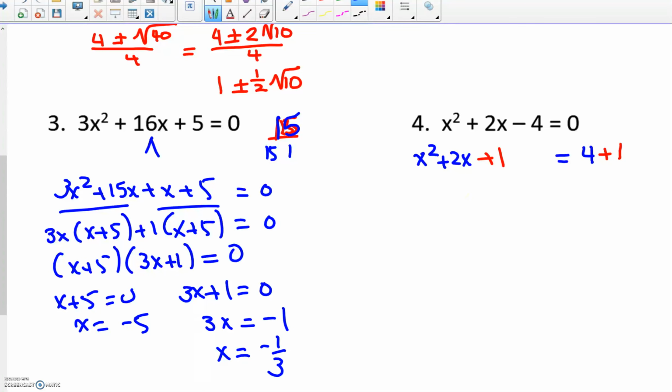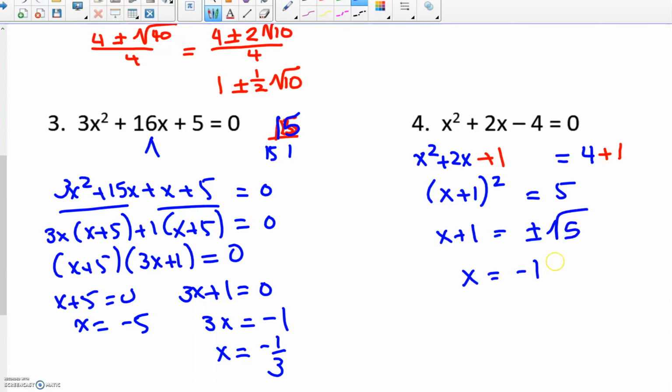Then I'll write this side as x plus 1 squared is equal to 5. Take the square root of both sides, so x plus 1 is plus or minus the square root of 5. And then x is equal to -1 plus or minus the square root of 5.